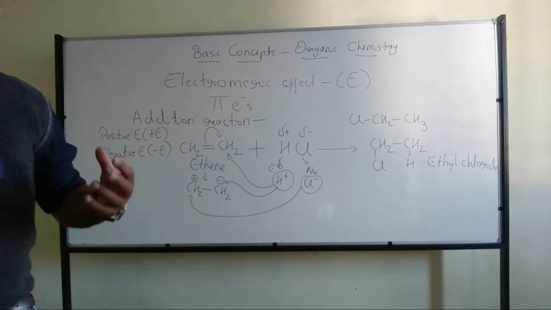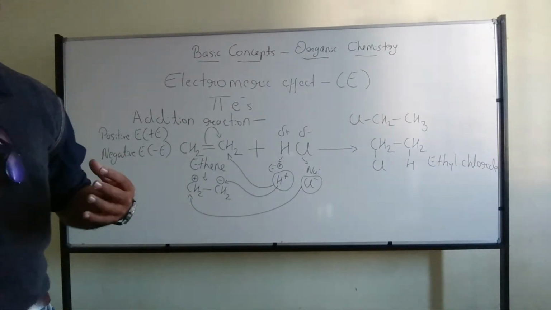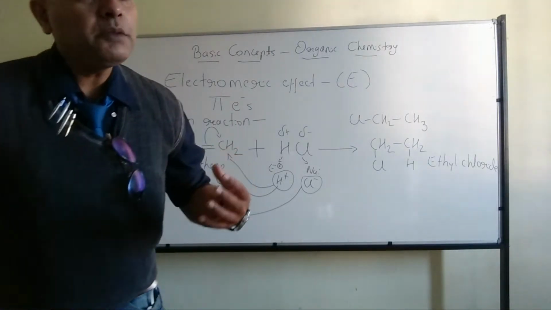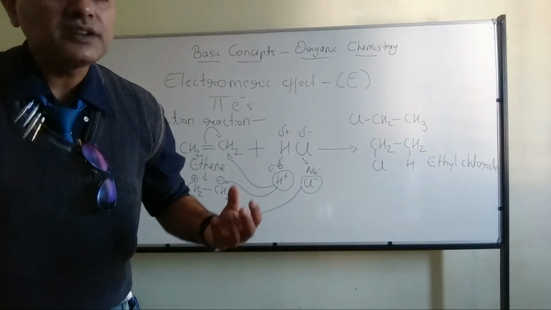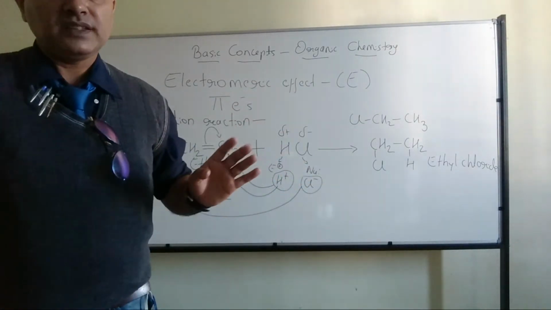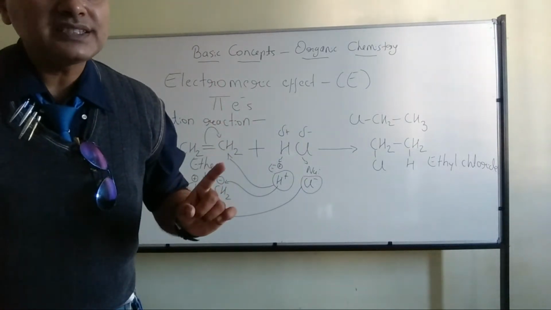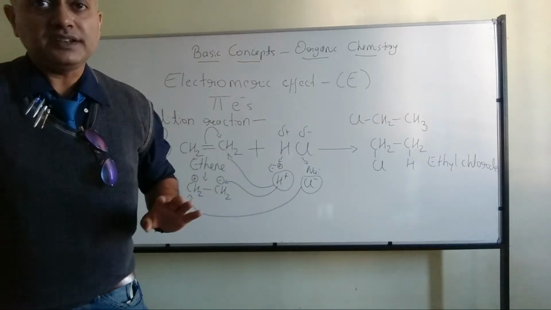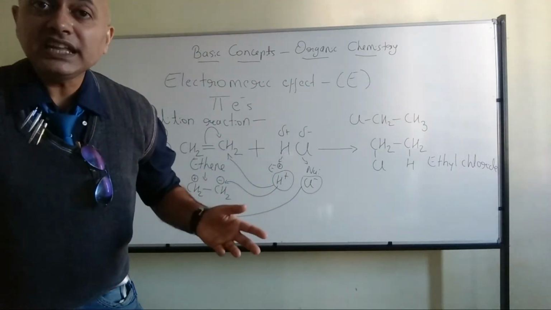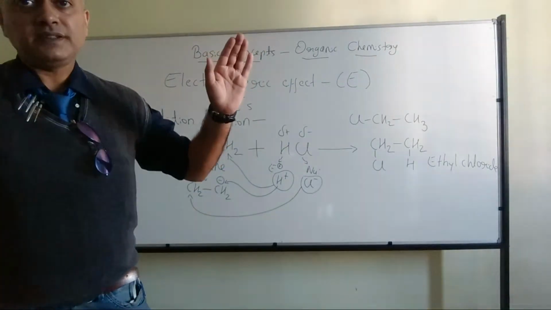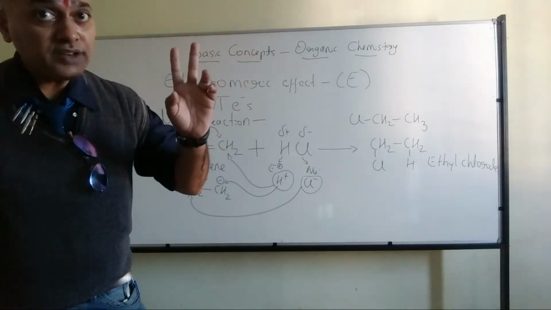Now listen to me carefully. In the case of the resonance effect, what do you mean by positive resonance effect? When electron will move away from the substituent. What do you mean by negative resonance effect? When electron will move towards the substituent. Observe it carefully.